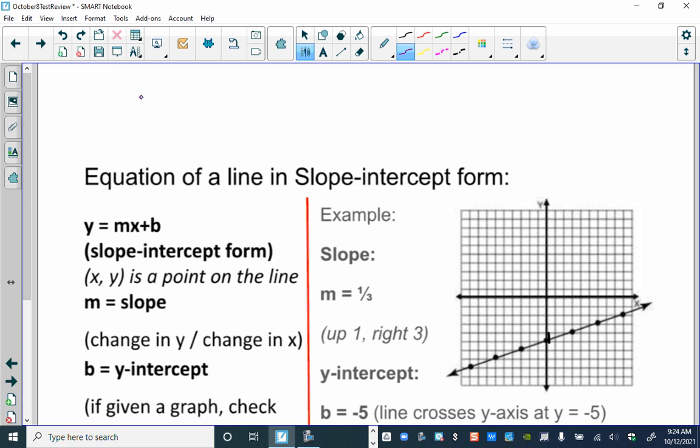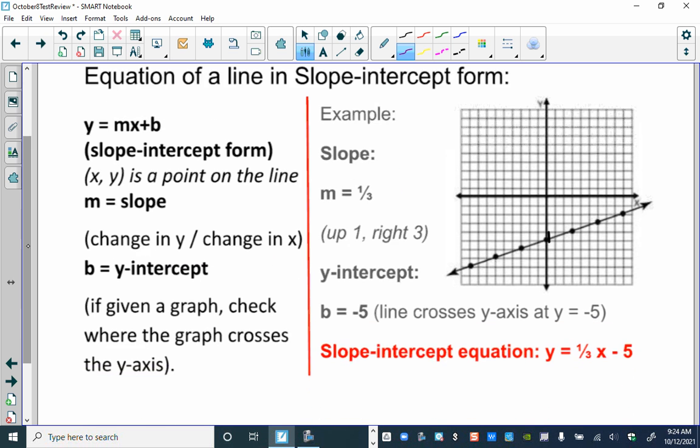With 22, all you're doing, if you're given a graph, you'd have to count the slope, and then this y-intercept point.